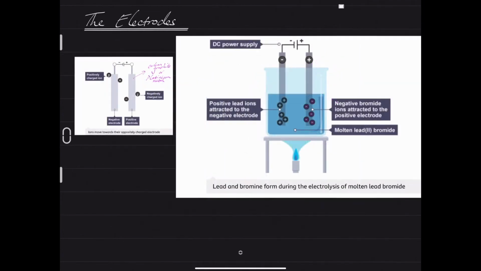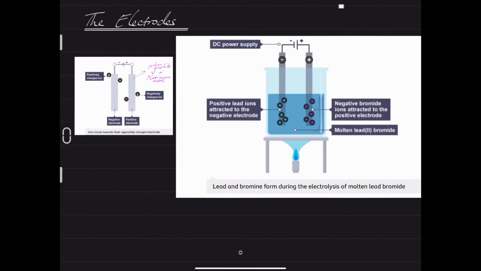Here you can see the electrolysis experiment set up in its complete form. Notice that the beaker and the electrolyte, in this case molten lead bromide, complete the circuit. This is the complete setup for the process of electrolysis, and in this case it's getting lead and bromine from electrolysis of molten lead bromide.